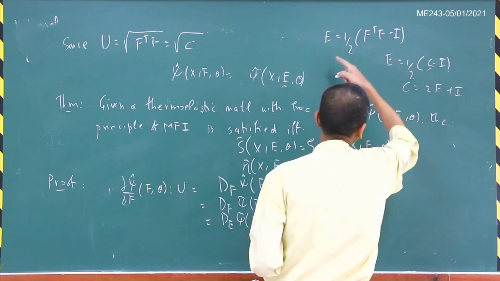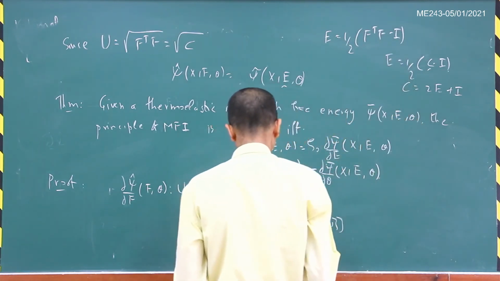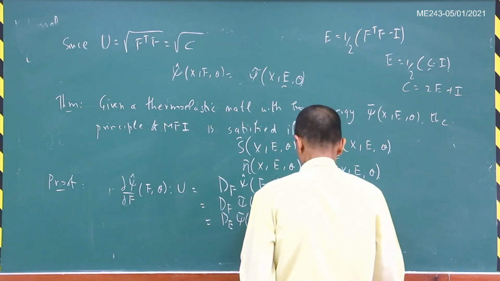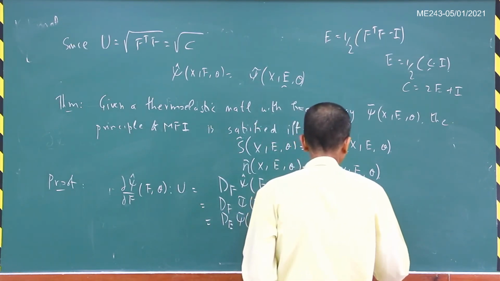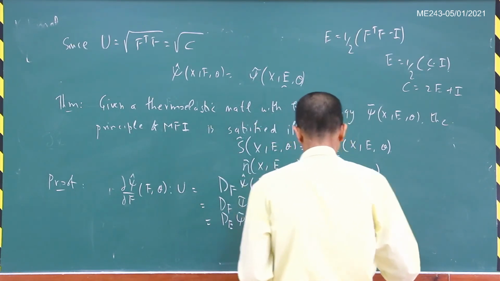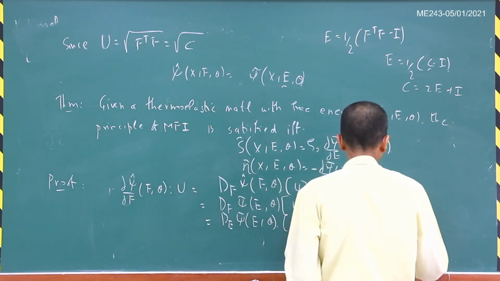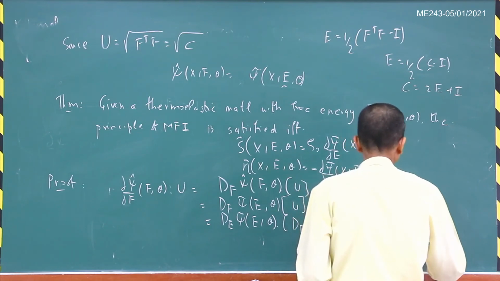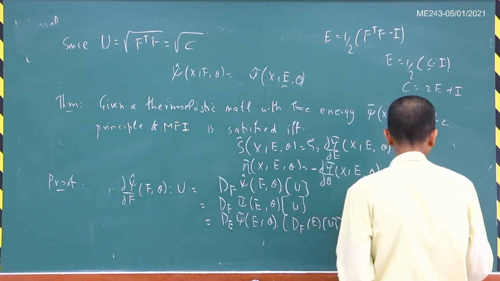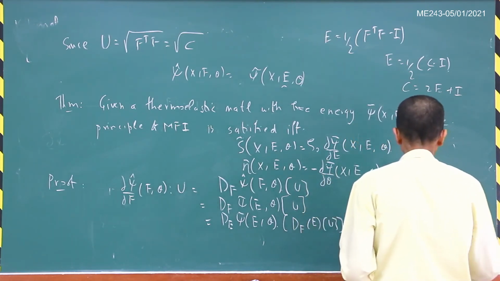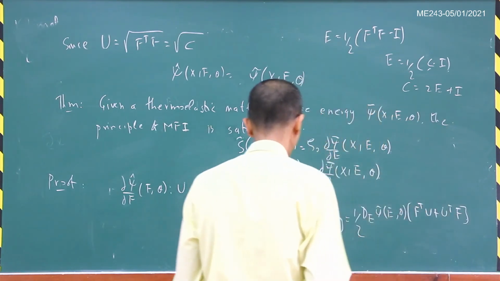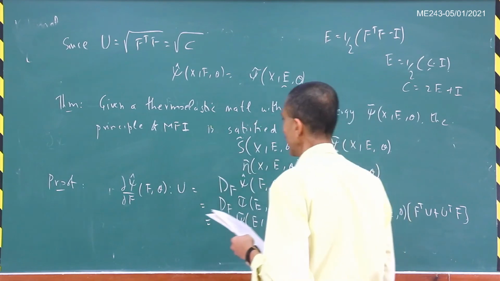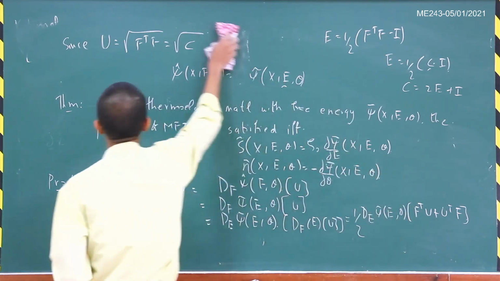So you can find the directional derivative of this with respect to F. So this is equal to half of D_E of psi tilde of E comma theta in the direction of F transpose U plus U transpose F. Okay, so this is the directional derivative. And now express this in terms of the gradient here. So let's do that here.